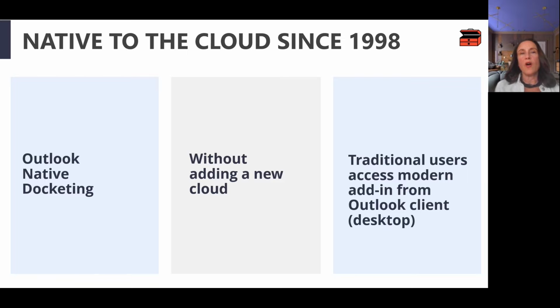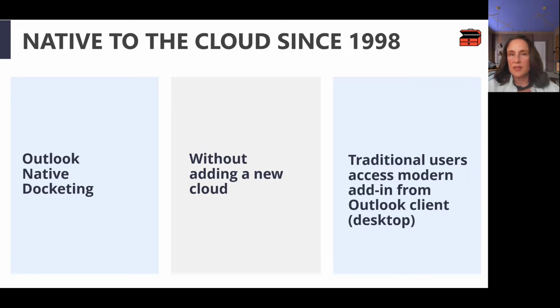So think of our native cloud solution that started in 1998 as an application that brings native docketing to Outlook. And this center section of our slide is so important. The concept is that law firms typically live in two clouds today.